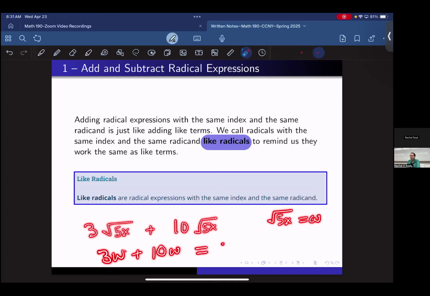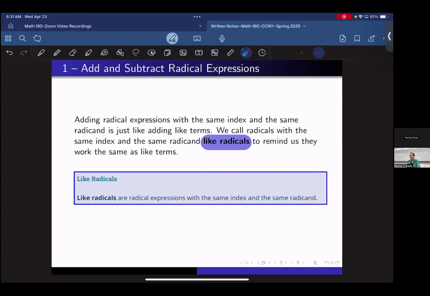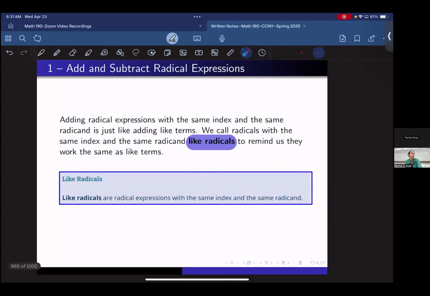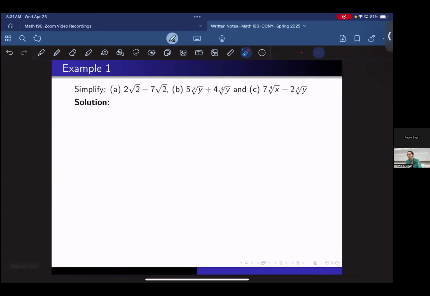Now we can substitute back in that square root of 5x. So our final result is just 13 times the square root of 5x. When you treat that radicand as a variable, it makes it a little less overwhelming. We'll practice a few examples on this page together to really reinforce that material.